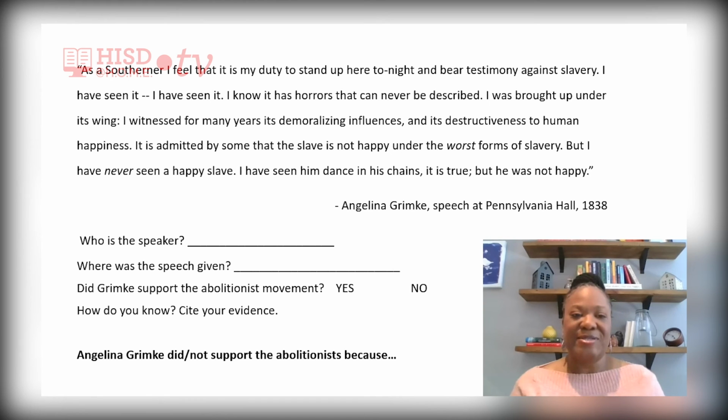It is admitted by some that the slave is not happy under the worst forms of slavery, but I have never seen a happy slave. I have seen him dance in his chains, it is true, but he is not happy. Angelina Grimke, speech at Pennsylvania Hall of 1838.